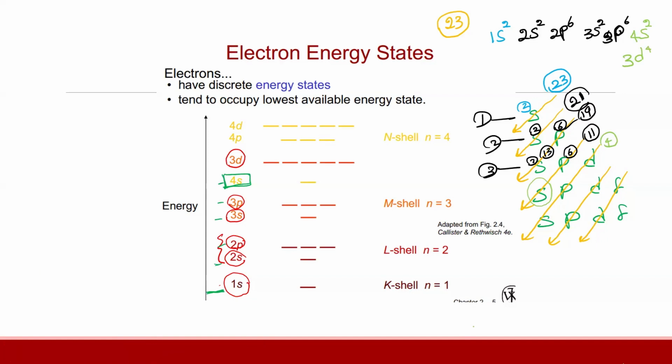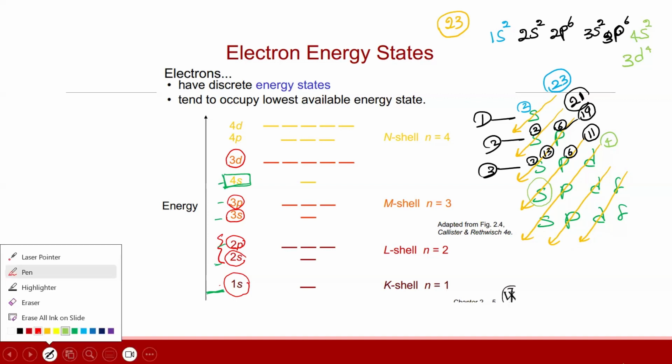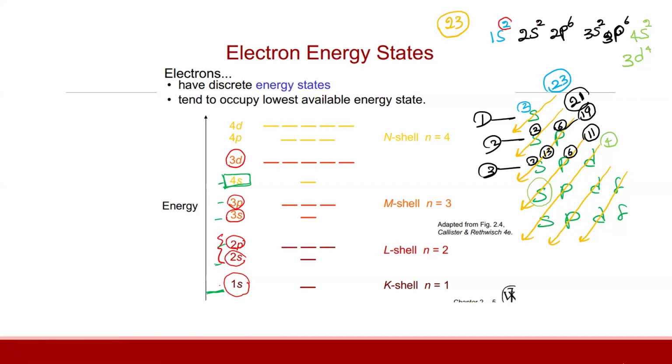Yes, ma'am. At the beginning, you may get confused, but when you do a few questions, you will be fine. Do you understand the pattern that I have followed? How do we know whether we have done all 23 electrons? You can add these up and count the numbers.